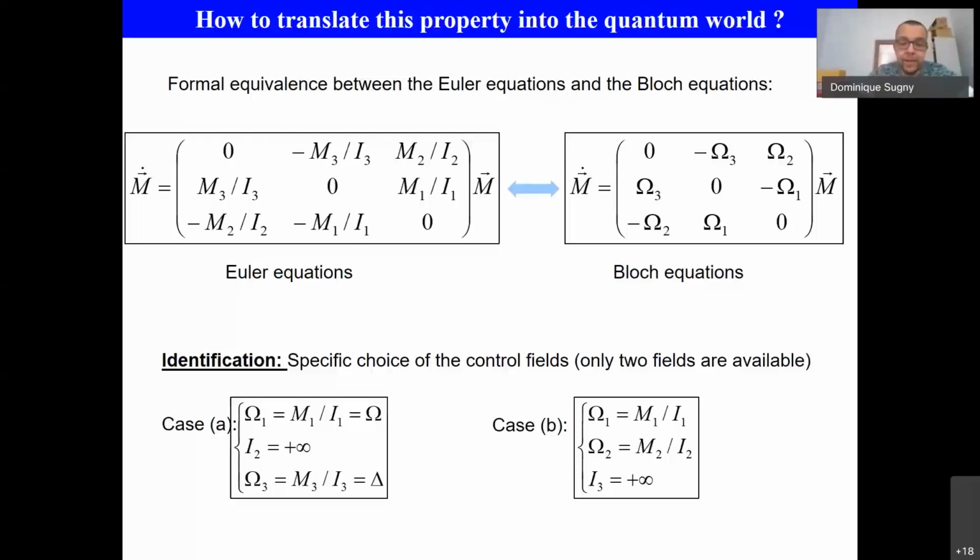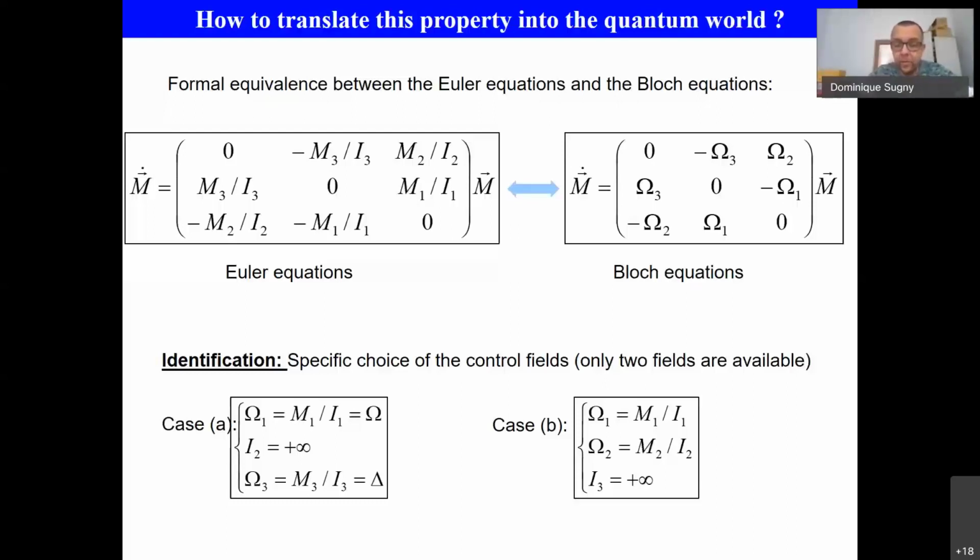Okay, and there are different choices according to the experimental setup. So we consider the case A or B. It just depends on the direction of the two control fields, on the two control parameters that we use to manipulate the qubit.